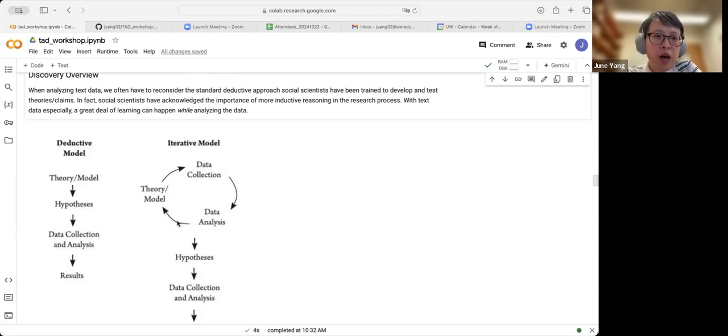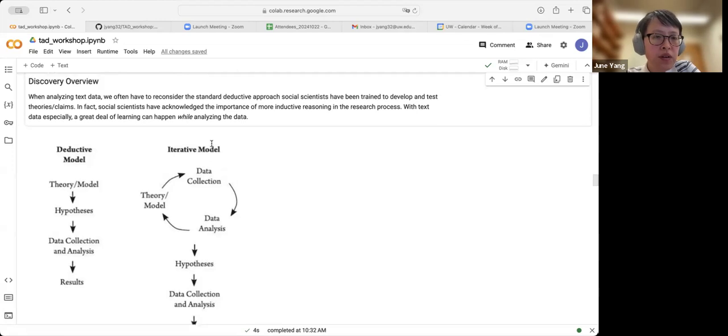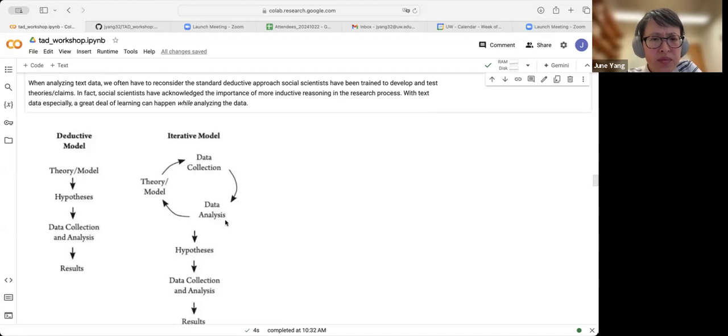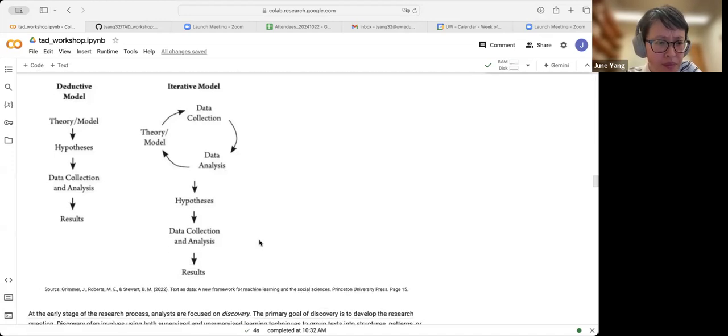So this iterative model when working with text is really important, because a combination of deductive and inductive approaches will help us see what's important in our data. It will even help us form or rectify our research question as we go along. So this discovery part is really important when working with text and other types of data, I would argue as well.